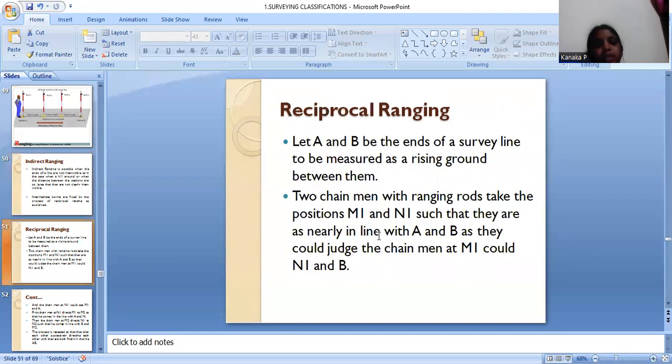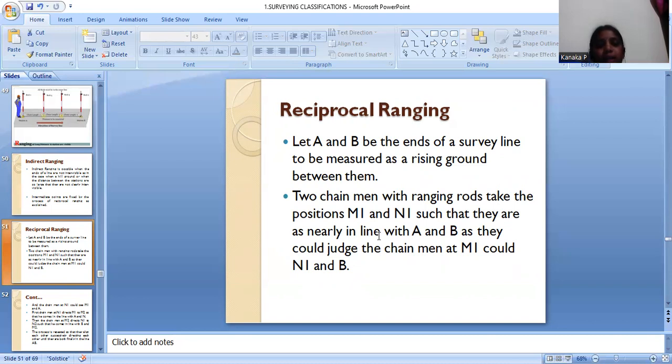In reciprocal ranging, let A and B be the ends of the survey line to be measured, with rising ground between them. Take the positions M1 and N1 such that they are near the line AB.